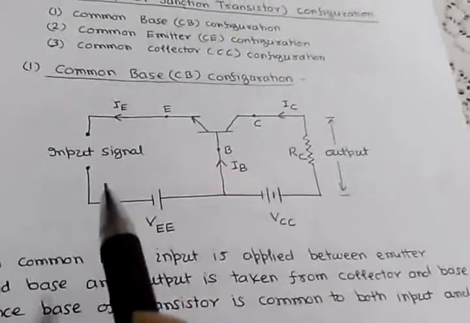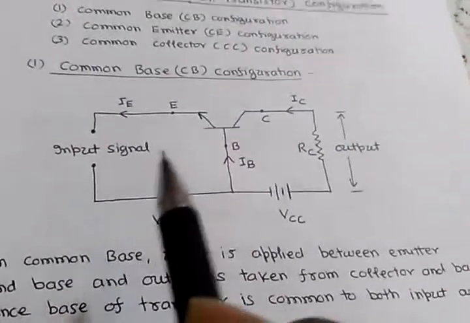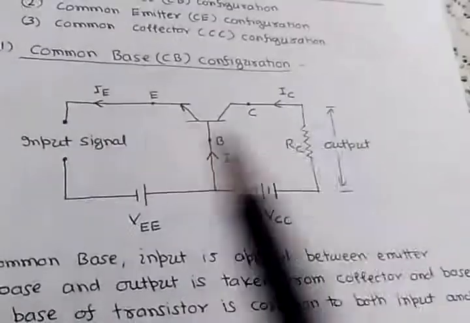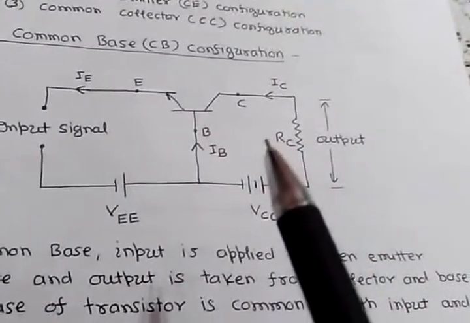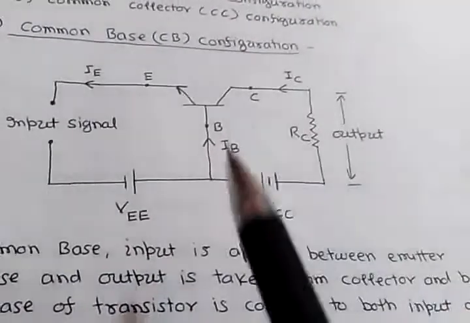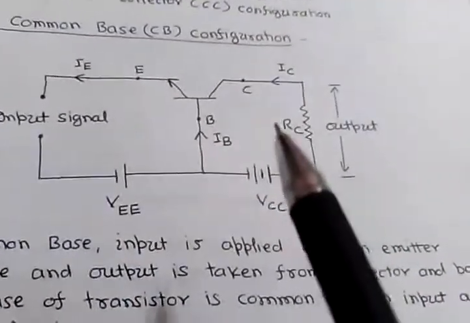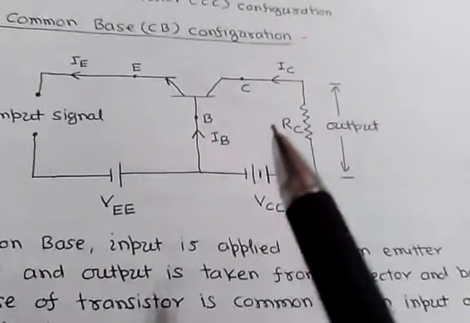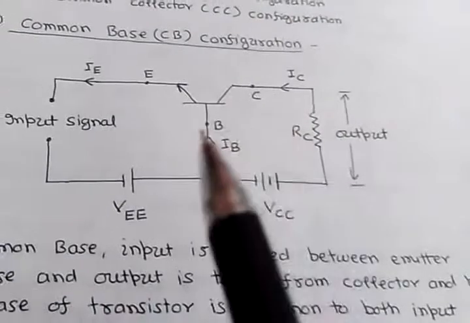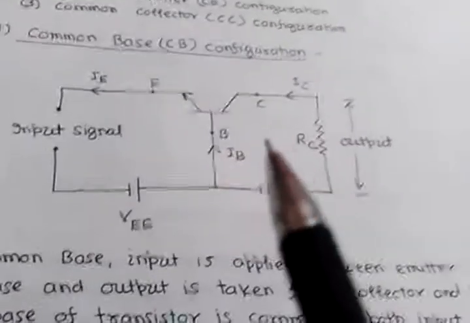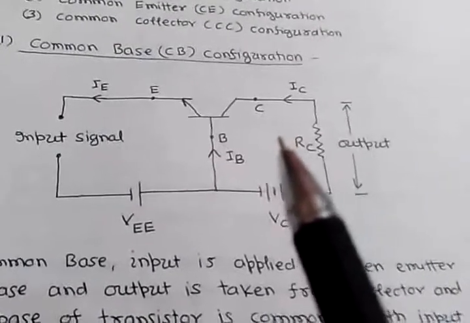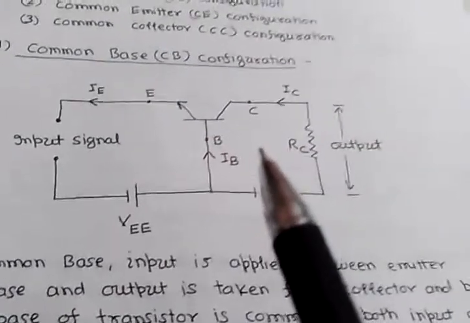If we open the input circuit, then IE will be 0. In this case, a small current flows in the output circuit, and this current is due to the reverse saturation current flowing through the reverse biased collector base junction. Reverse saturation current flows due to the thermal breakdown of covalent bonds.